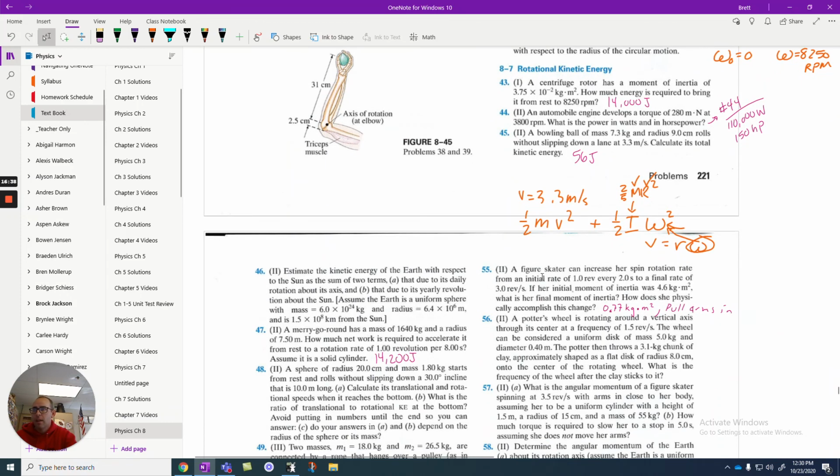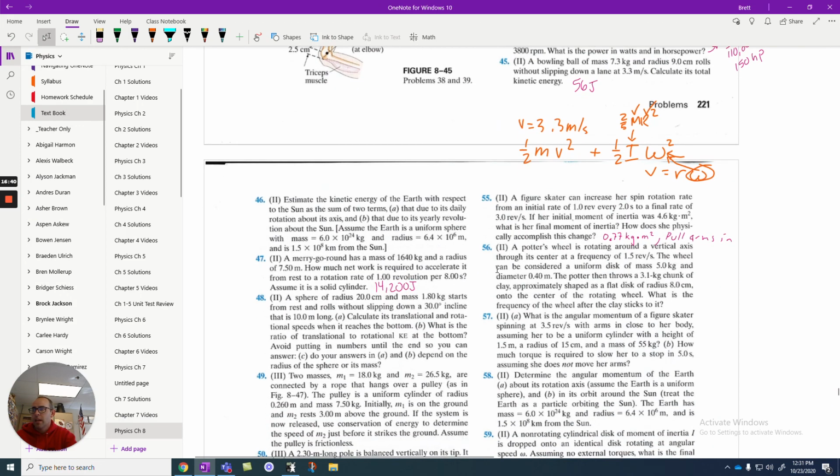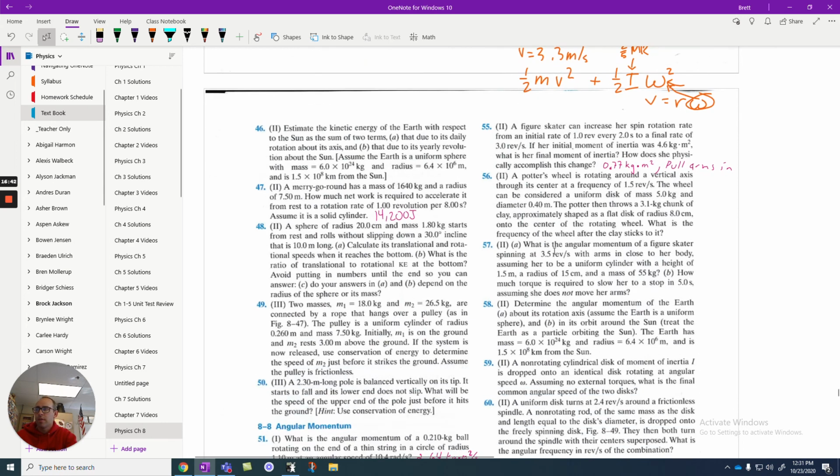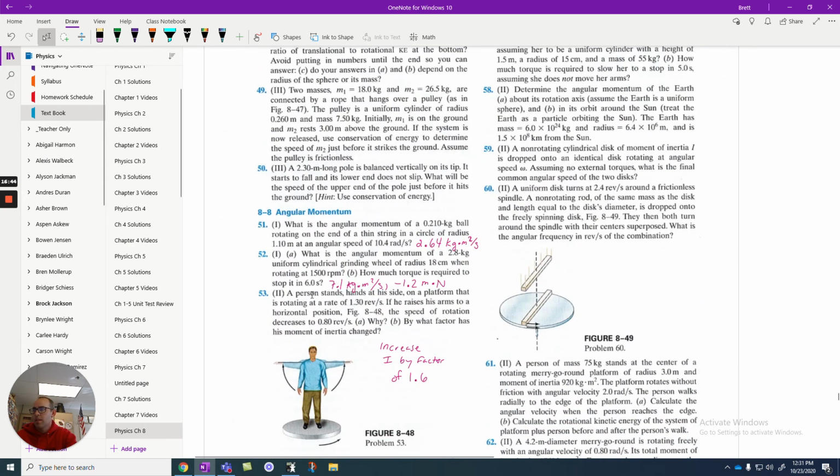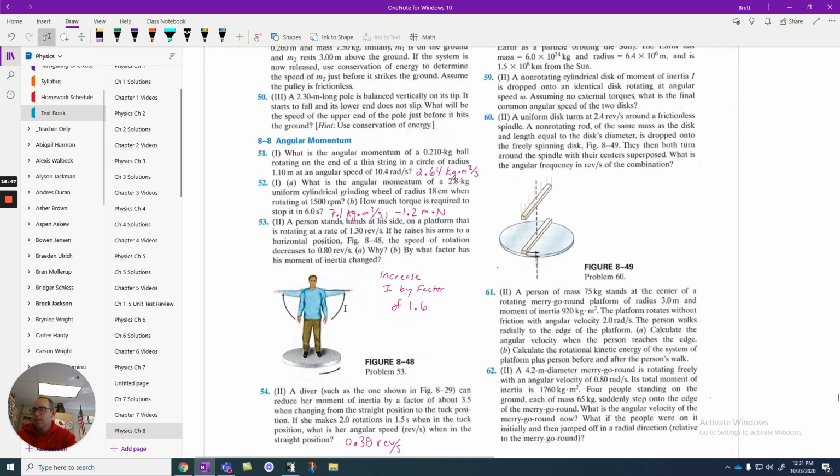Now question 55, well, I think you might not be doing 55, but some of these other torque problems and moments of inertia. Okay. Angular momentum of a 2.8 kilogram uniform cylindrical grinding wheel with a radius of 18 centimeters when rotating 1500 RPM. Well, the angular momentum is L equals I omega.